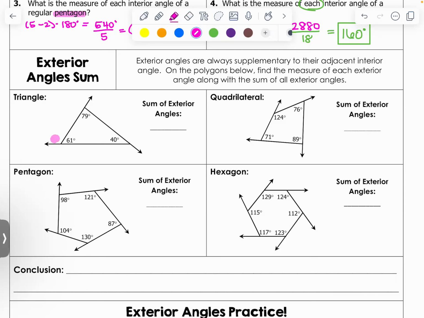Harvey, these three angles right here in pink, what do they add up to be? Presley, these four blue angles right here, what do they add up to be? Brayden, these five green angles, what do they add up to be? 360.